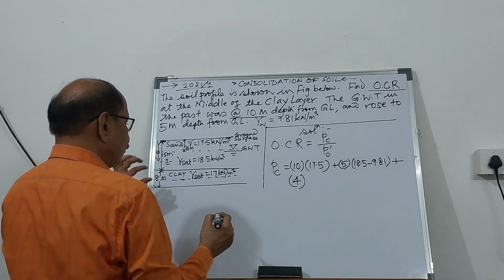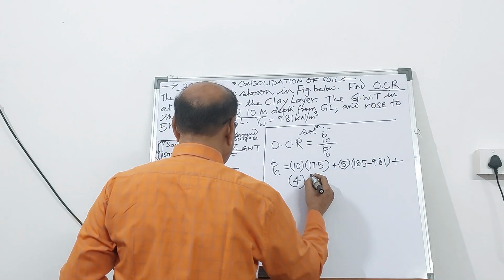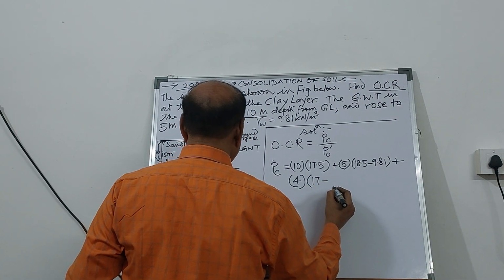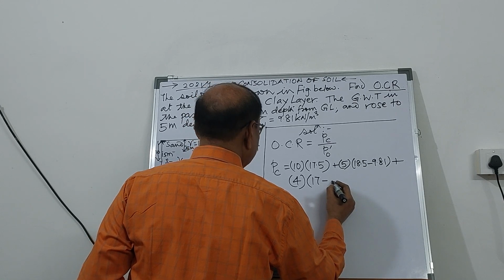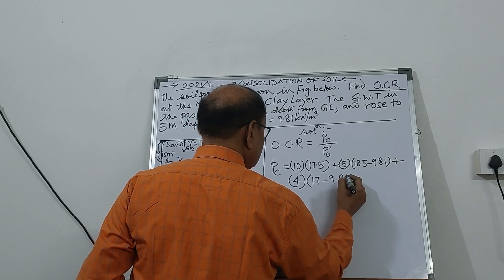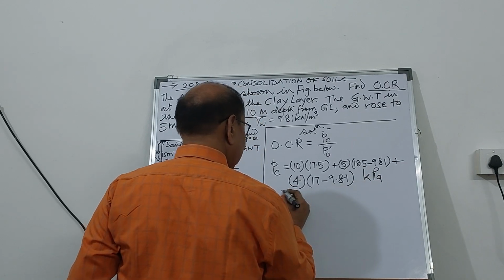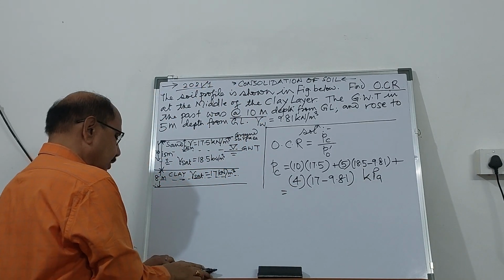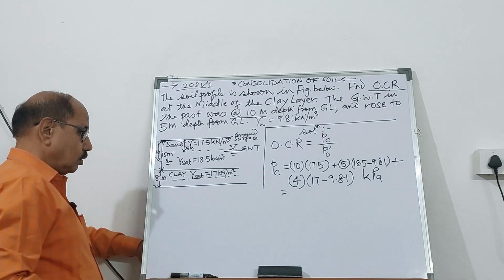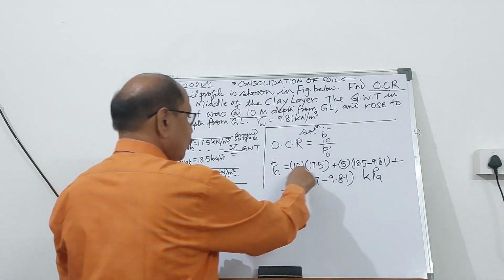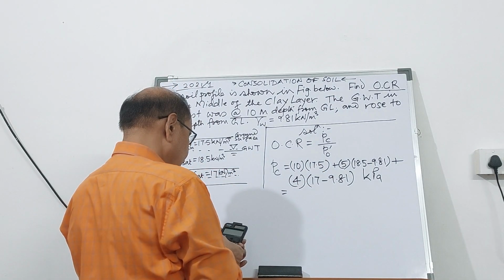So middle will be 4 meter multiplied by 17, the saturated, minus 9.81 kilopascal. So let us take our calculator and see the values.